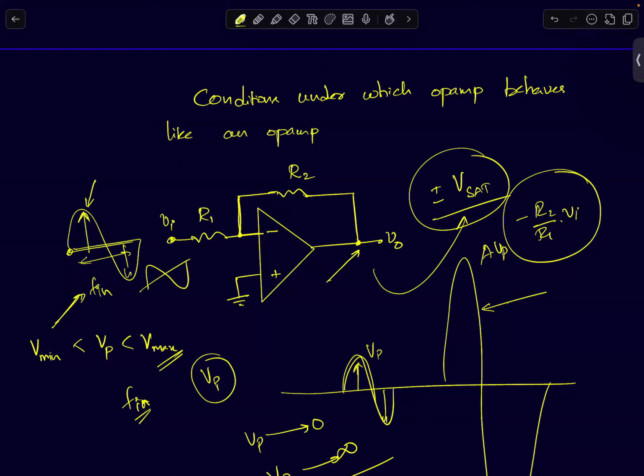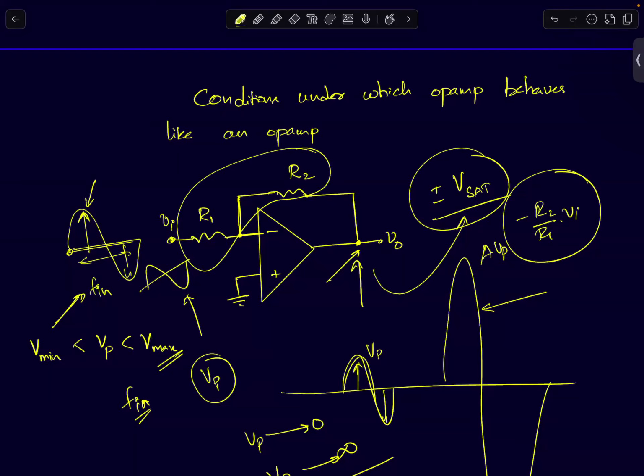You can start from the function generator and increase its frequency slowly, plot the waveforms on an oscilloscope at the output and the input, and you will notice that at some point, your output gain will start decreasing. Then you know there is some problem happening in the op-amp.